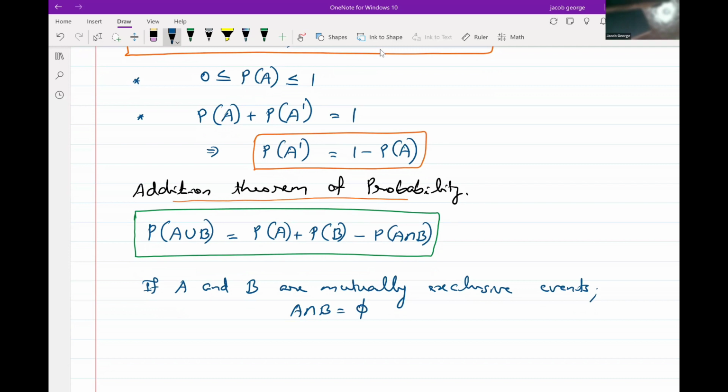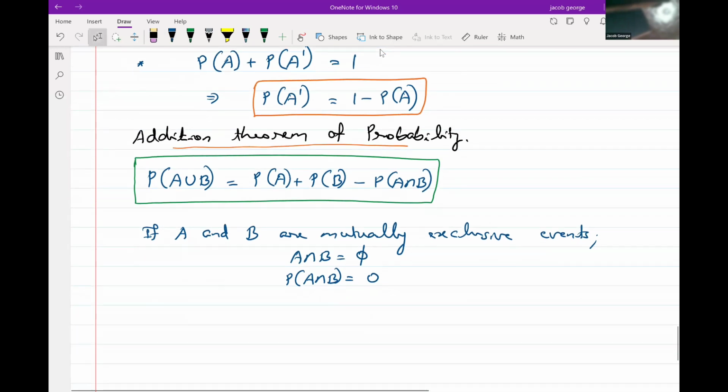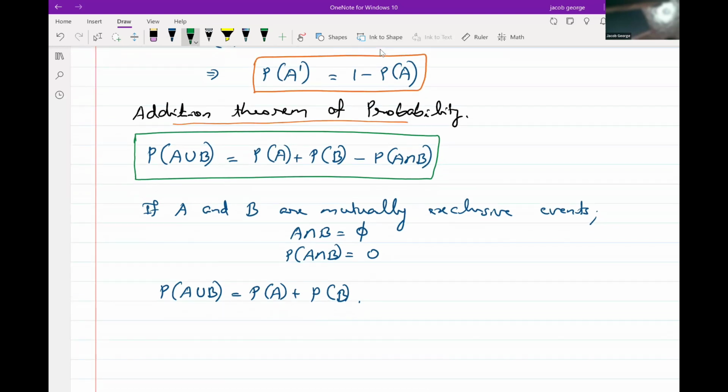A and B being mutually exclusive means A intersection B is the null set. Then what is P(A intersection B)? Probability of the null set is 0. So when you substitute that in the above formula, we get P(A union B) is equal to P(A) plus P(B). So when A and B are mutually exclusive events, A intersection B is the null set, and P(A union B) is P(A) plus P(B).